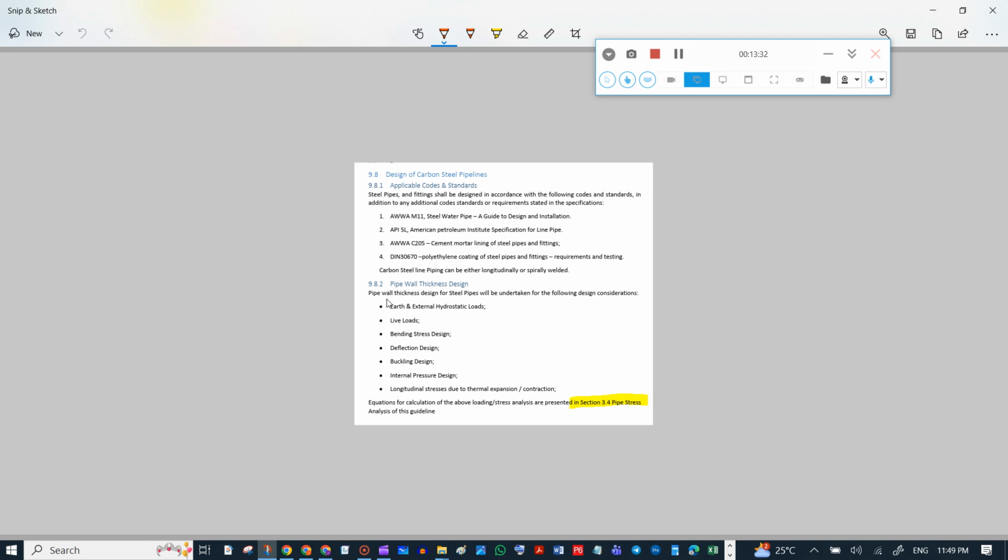When you are calculating wall thickness, the following loads are to be considered: earth and external hydrostatic pressure, live loads, bending stress design, deflection design, buckling design, internal pressure design, longitudinal stress design, and thermal expansion and contraction. The pipe stress analysis section 3.4 we will discuss during the pipe stress analysis section of this guideline.